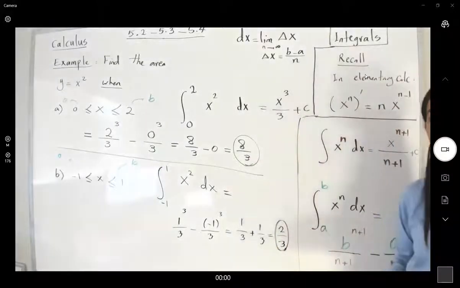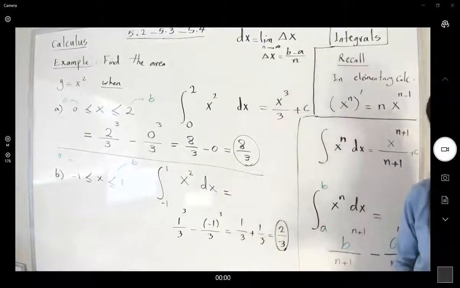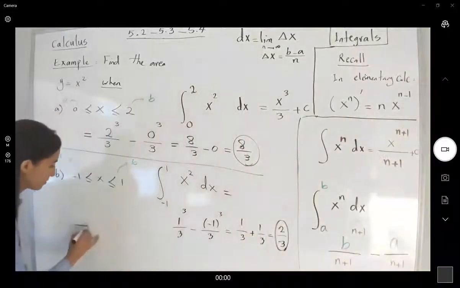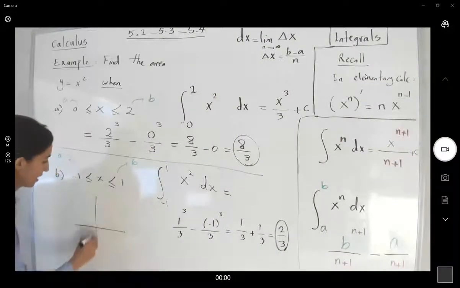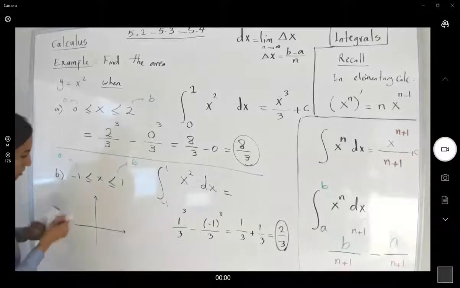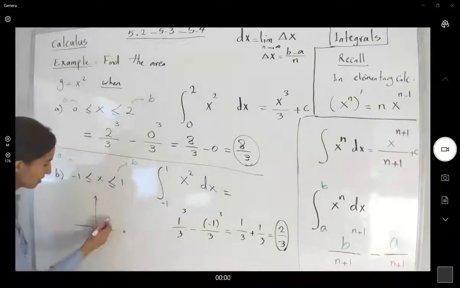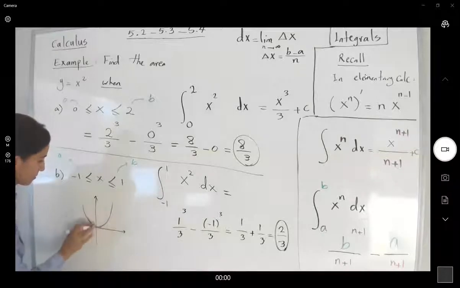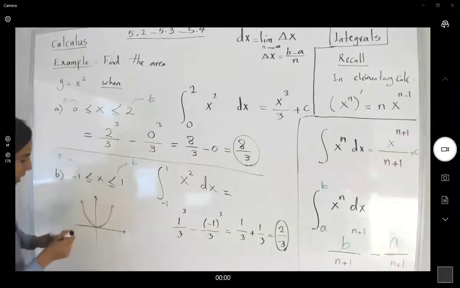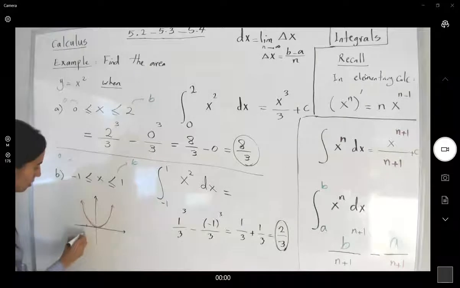So the definite integral, or in this case, the area of the parabola bounded between -1 and 1. So this is my parabola. And x is bounded between -1 to 1.